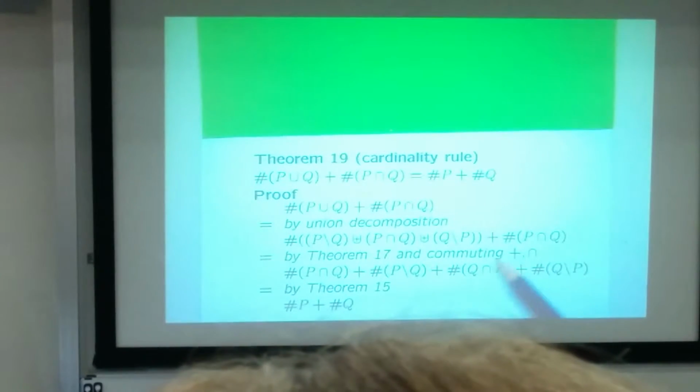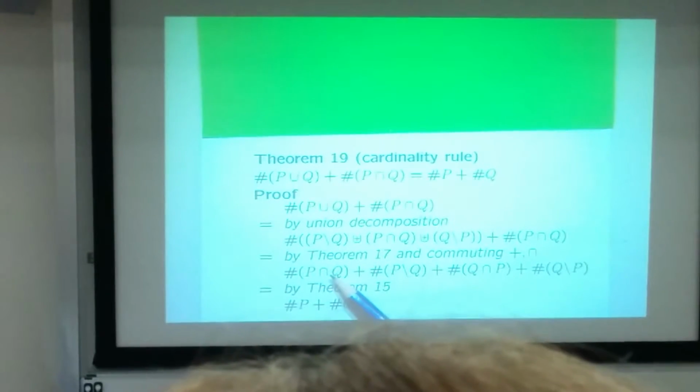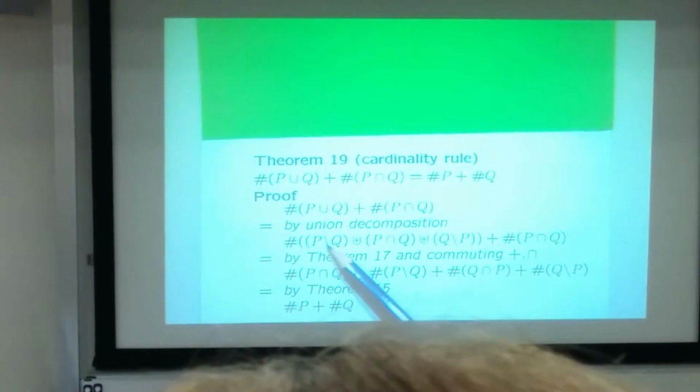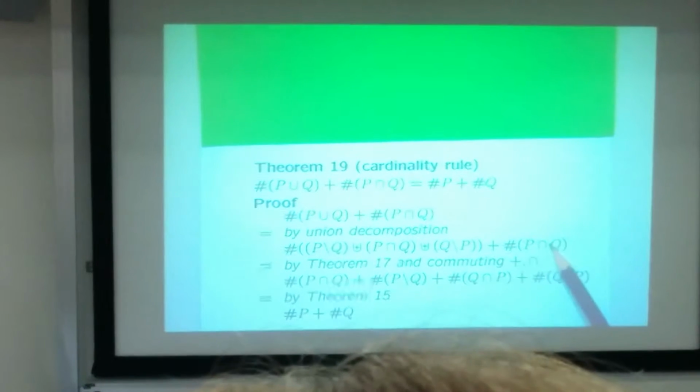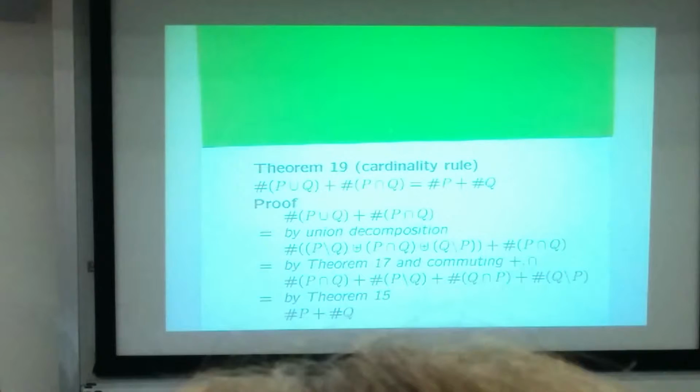But when I arrive at this line, I've kind of moved them around. So the P intersection Q has sort of come down to here, and then P difference Q has sort of come across here, and this one's come down, and this. What am I trying? Am I trying to confuse you or what?